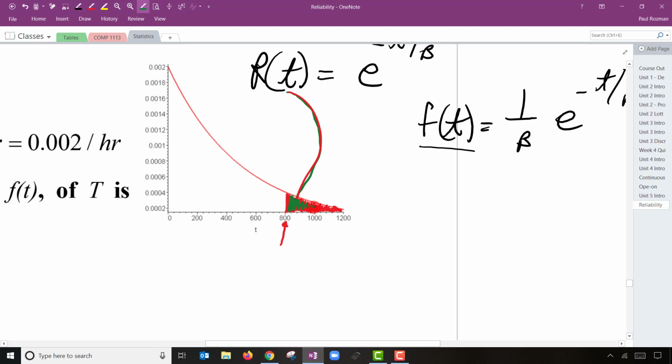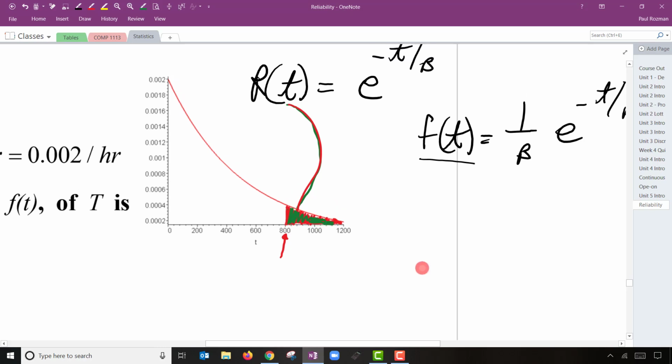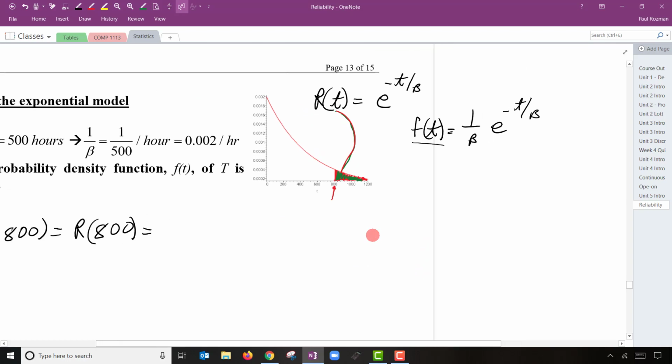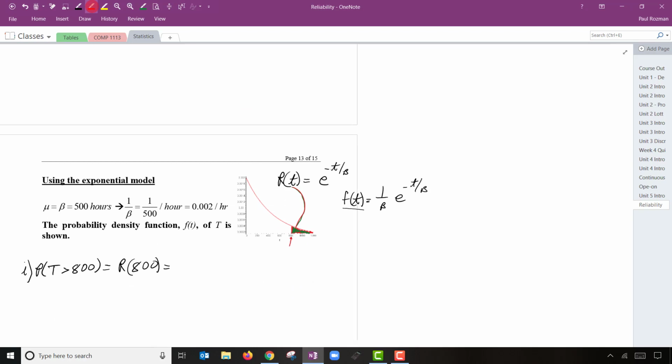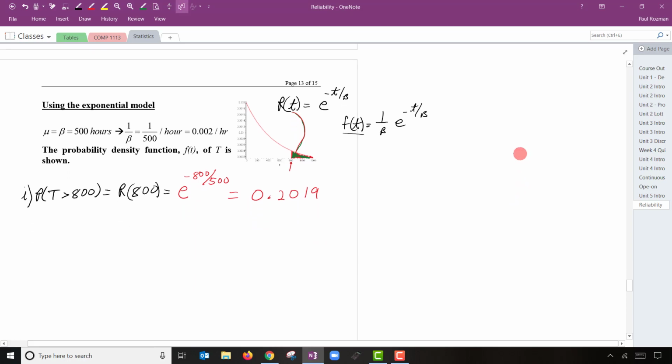Well, it's such an easy formula, which is why I guess I chose this one first. You just plug in 800 for t and substitute in your beta. So it's e to the negative 800 over 500, and your probability ends up being 0.2019. You gotta love the exponential problems.